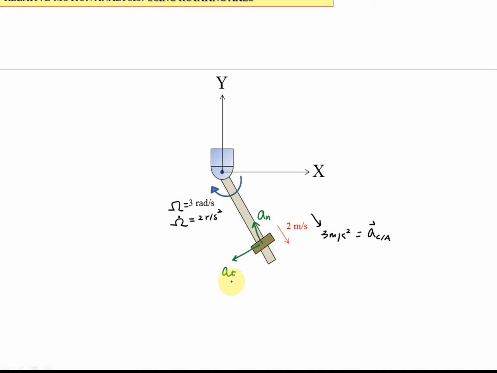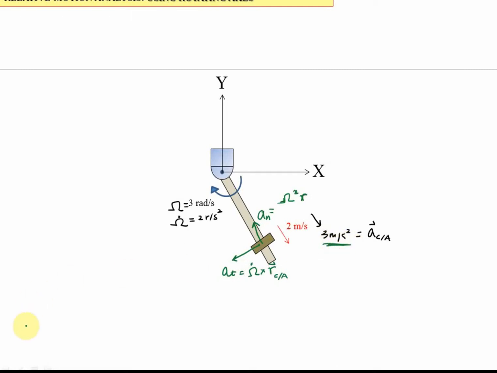So tangential acceleration is omega dot cross product R C, okay, and normal component is omega square and just R, right? But right now we have another acceleration, this one.